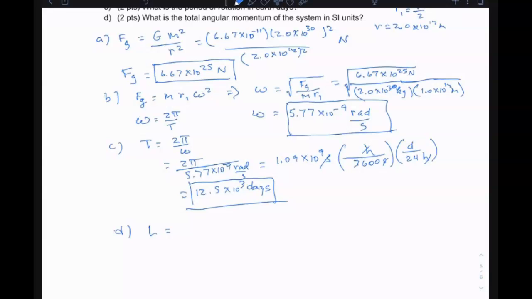So that's equal to 2 times little l, which is 2 times the mass times the distance r1 times the tangential velocity.